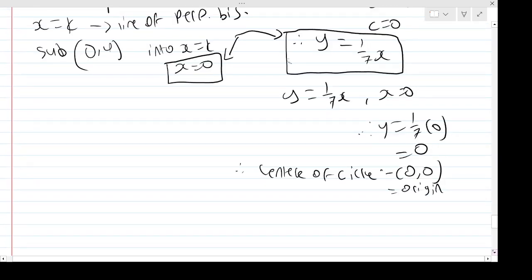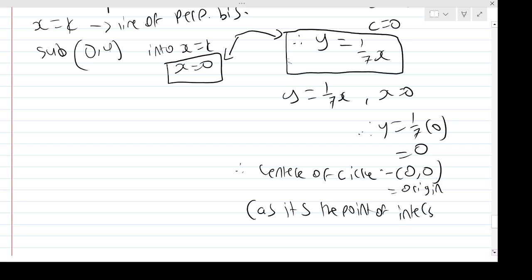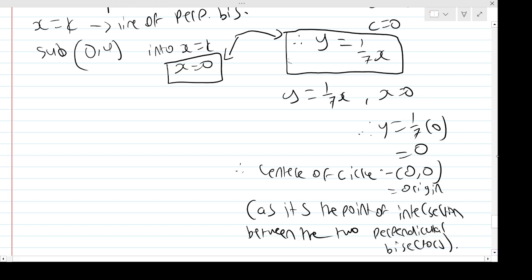And I should say the centre of the circle is the point of intersection. You don't have to write this, but I'm just trying to explain it very fully, as detailed as possible. So it's the point of intersection between the two perpendicular bisectors, because that's effectively what's going on. Okay, cool.